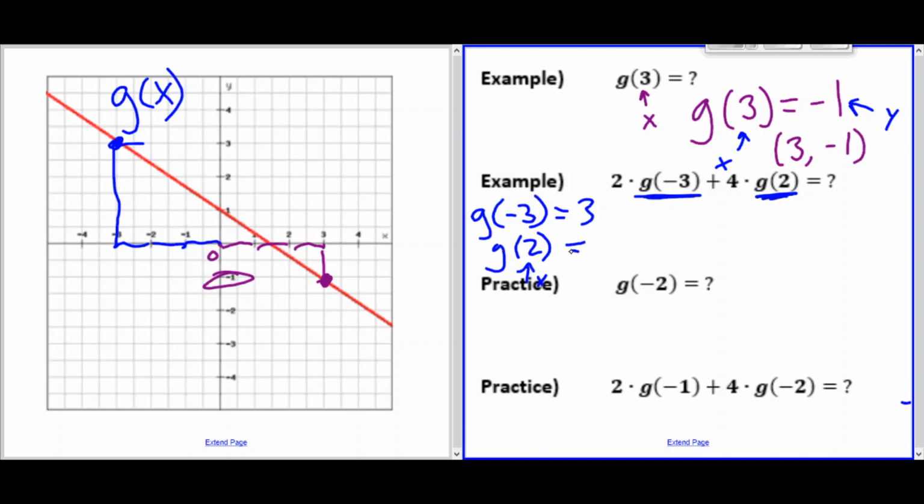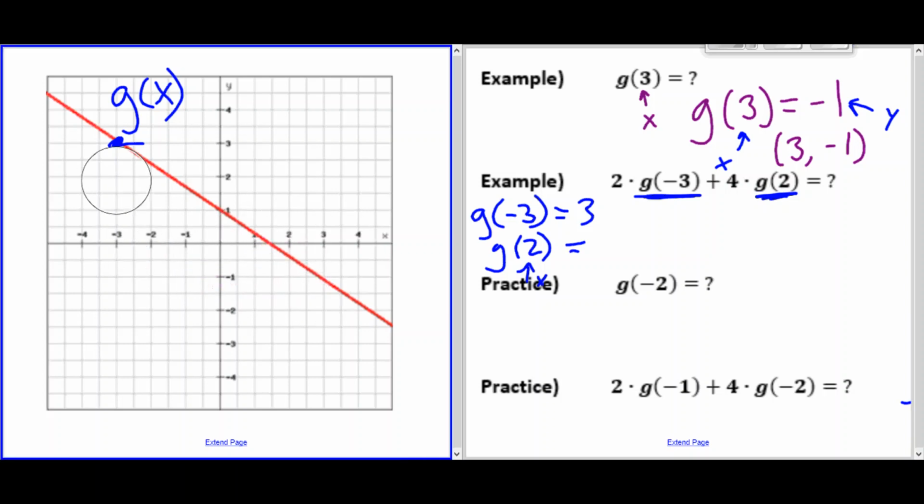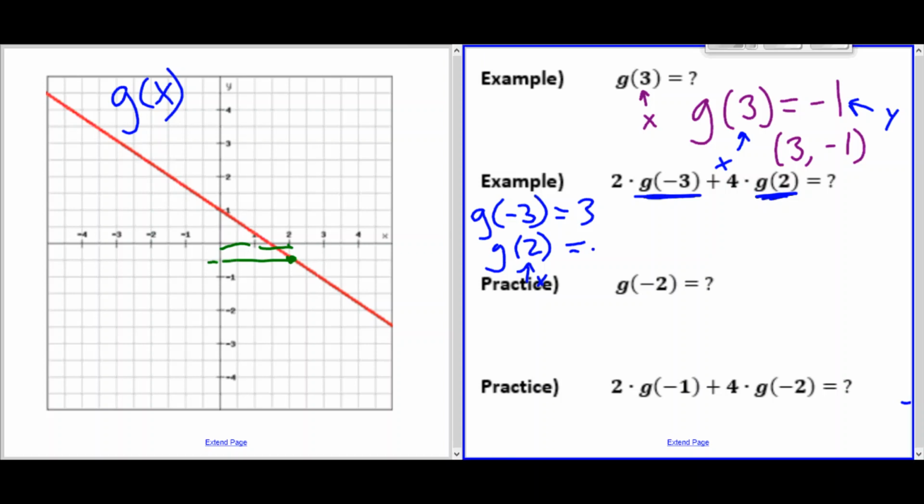So I'm going to go 2 on the x, and then see where that crosses the red line. Here's 1, 2 on the x, and then I'm going to go down. This is about -0.5.